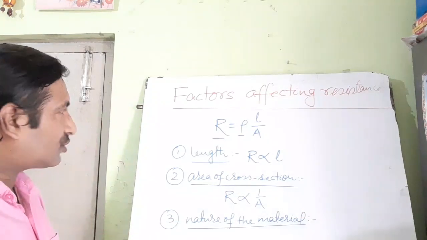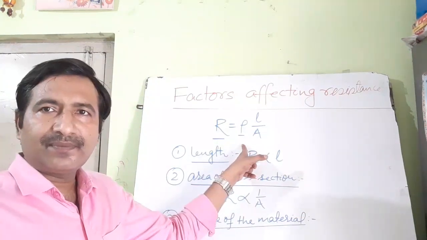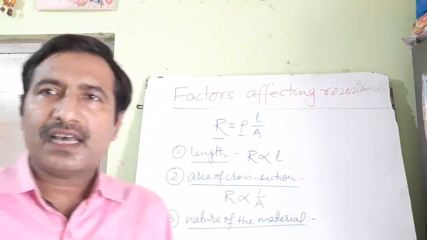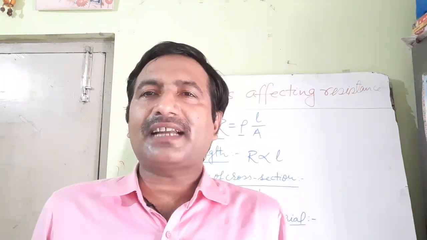You see, this rho is resistivity. It is based on the nature of the material of the conductor. If you use a wire of length 1 meter and 1 millimeter square cross-sectional area made of copper, and another wire of length 1 meter and 1 millimeter square cross-sectional area made of aluminium, then both wires will have different resistances, although they are dimensionally the same.